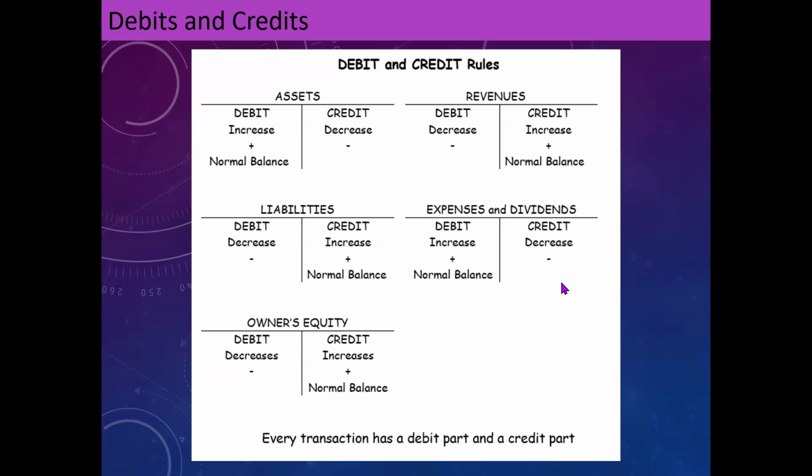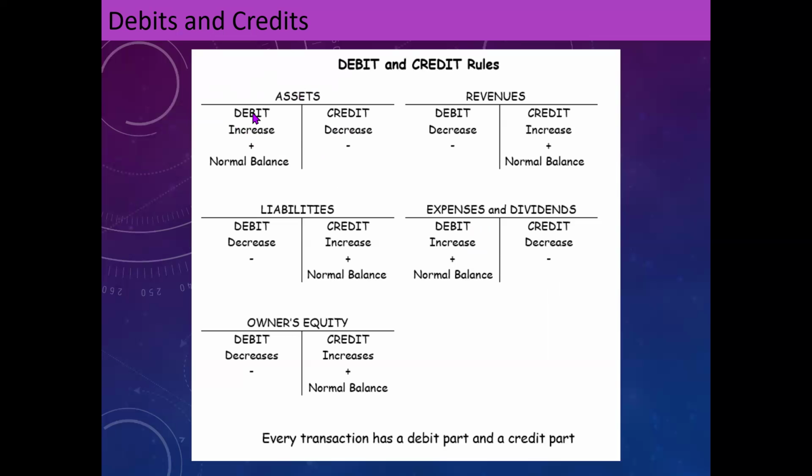What's confusing about this is that the reason they're like this is because this is how the whole system works together. If I increase an asset, so let's say my cash goes up, I'm going to enter that on the debit side, or the left side.